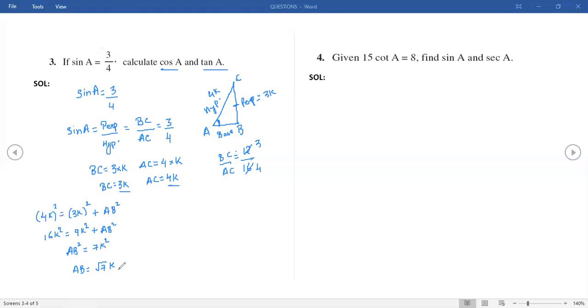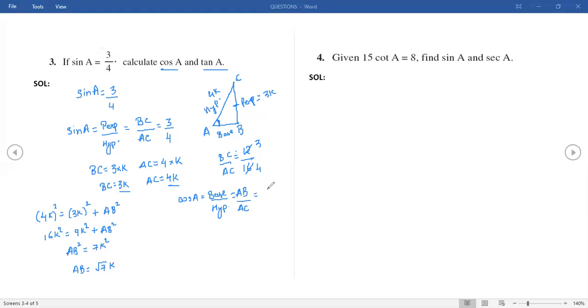So up till here, if you have done it, it's just about substituting the values. So cos A is nothing but base by hypotenuse. Base, as I already told, is AB, and hypotenuse is again AC.